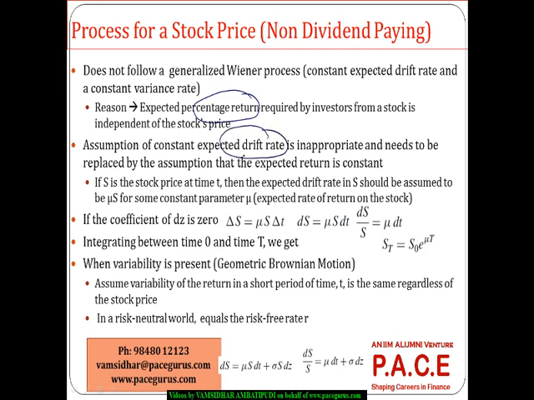Whatever we have assumed, that the expected drift rate is constant, can't hold for the stock price. It's only the expected return that has to be constant, meaning the percentage change, not the dollar change, not the value change. The percentage change should be constant.